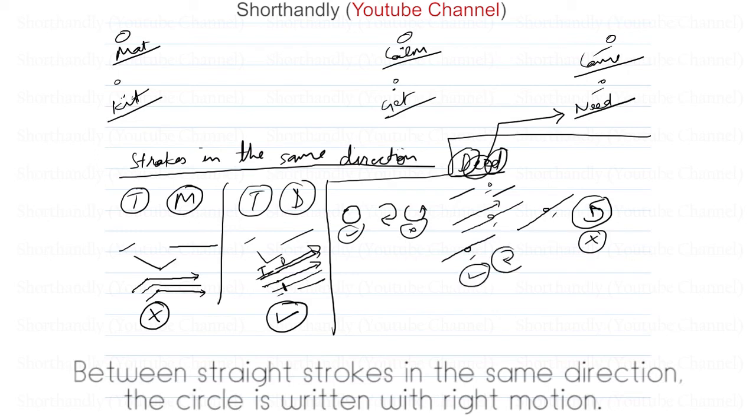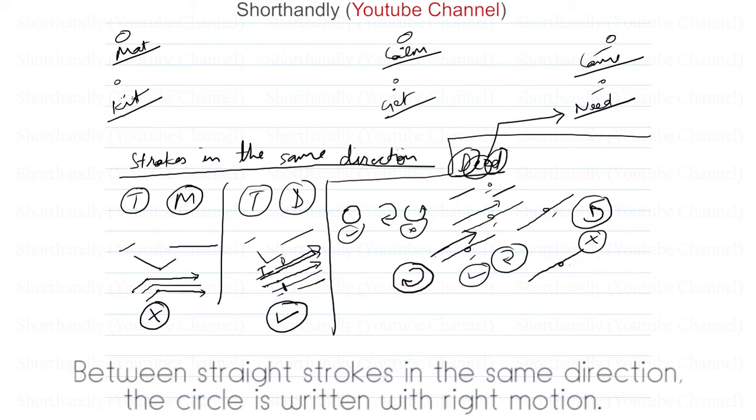First it says between straight strokes in the same direction. Yes, these strokes are in the same direction. Then the circle is written with the right motion, so the circle has to be made in the right rotation like this. So this whole character deed is right.